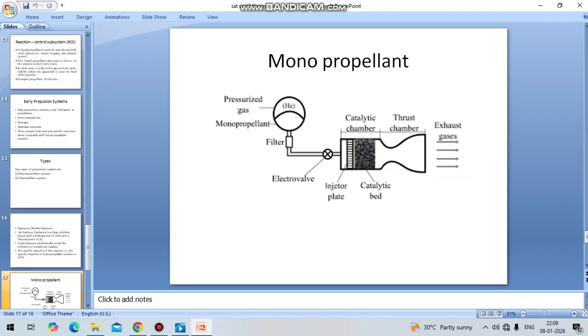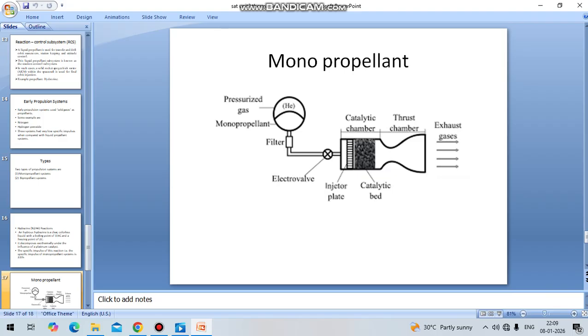When the valve is opened, the pressurized gas is made to move towards the catalytic chamber. Here the fuel as well as the oxidizer are of the same material. In this monopropellant method, the fuel as well as the oxidizer are hydrazine.